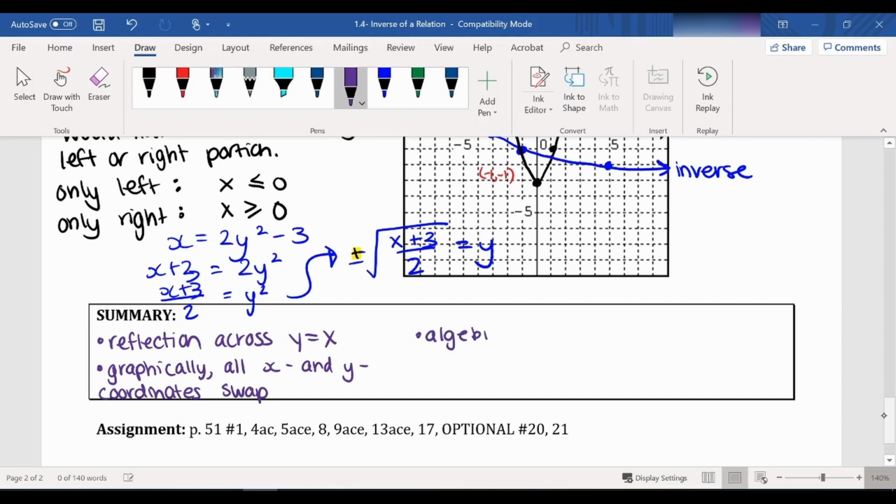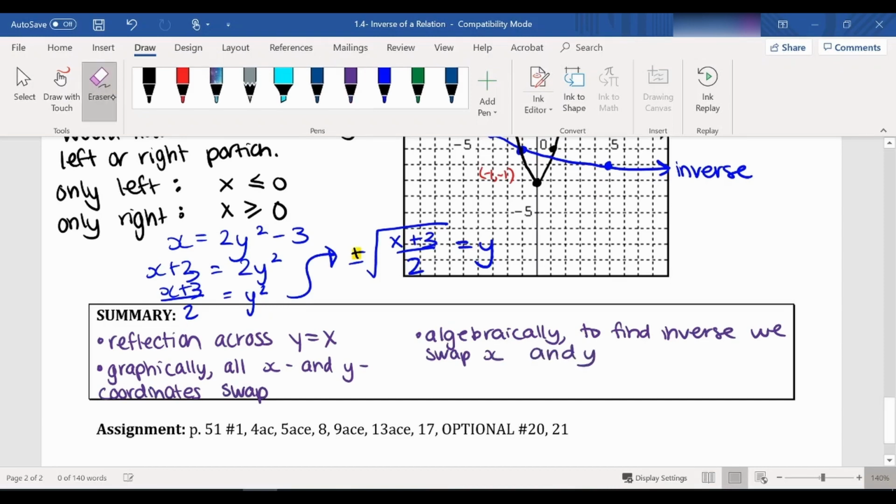Algebraically, to find an inverse, we swap x and y and resolve for y.